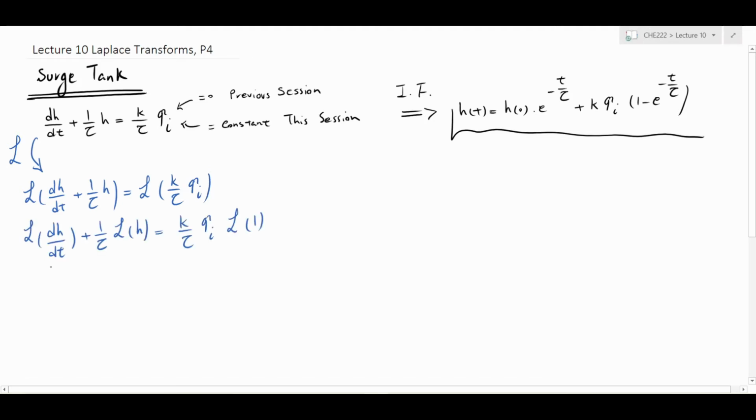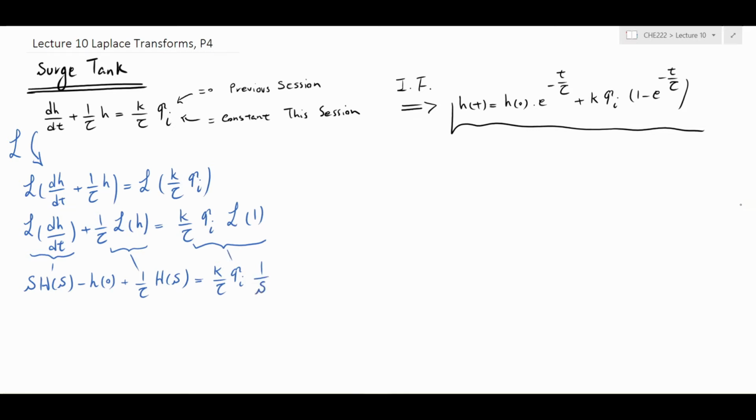The Laplace transform of the first term is s H(s) minus small h at time 0. The Laplace transform of the second term is this, and in the third term we have the constant that is going to be there as is, and then the Laplace transform of 1 is 1 over s.